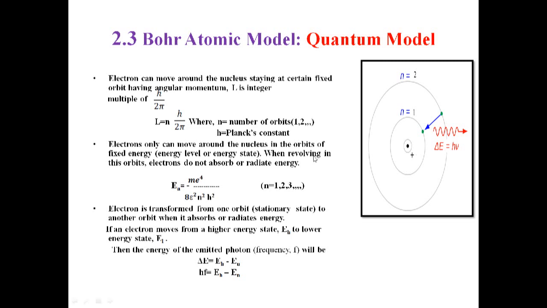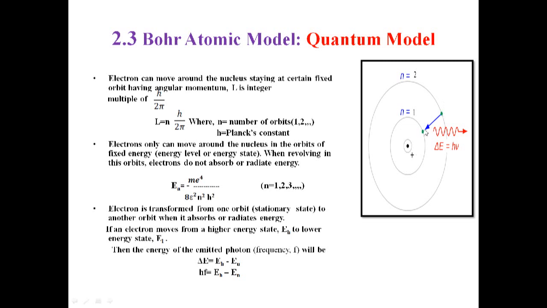From this equation we can say every orbit has a fixed amount of energy. Lastly, electrons can transfer from one orbit to another when they absorb or radiate energy.